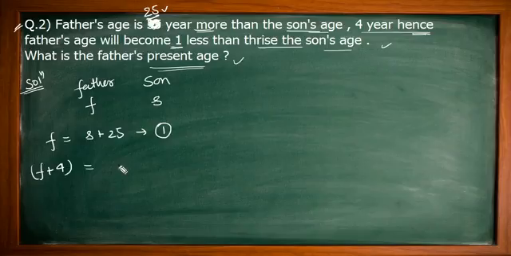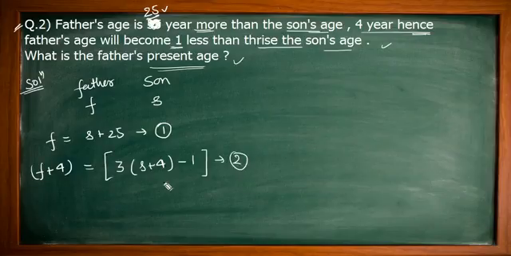So first of all you have to take thrice the son, it will be 3 into S plus 4, and 1 less than this. So this is your second equation.